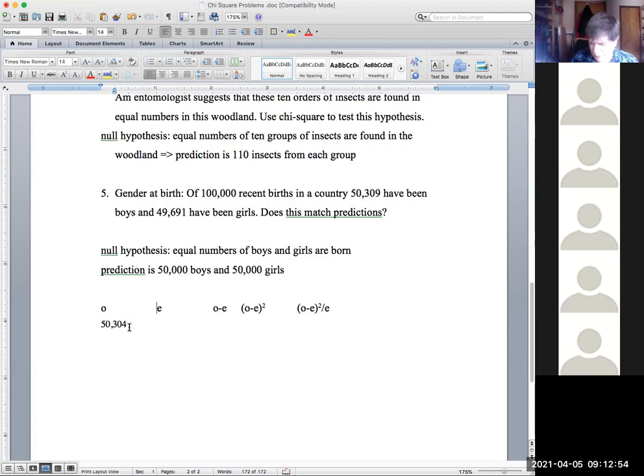I think I'm gonna have to move these over. And for the other gender, 49,691 girls. Expected for both groups is 50,000.